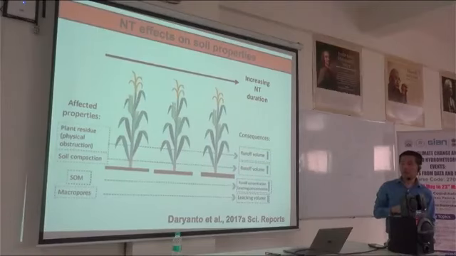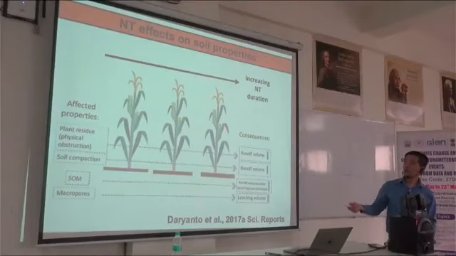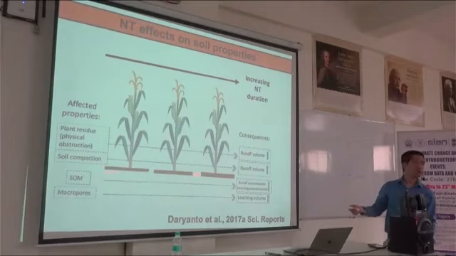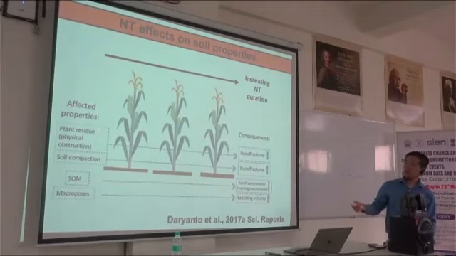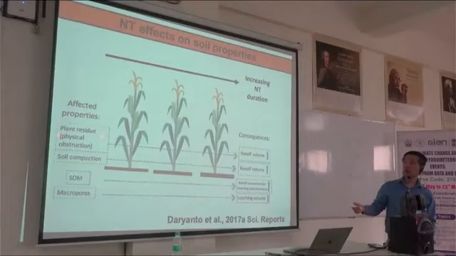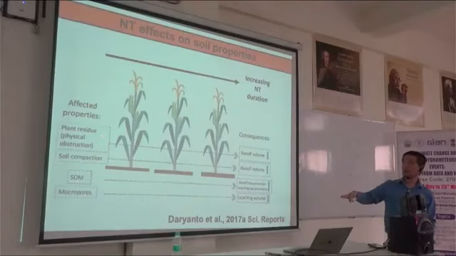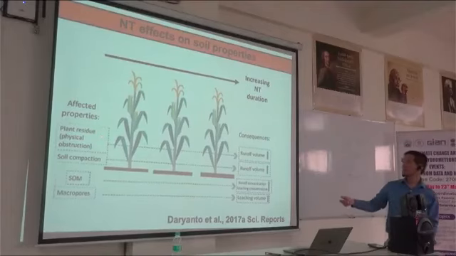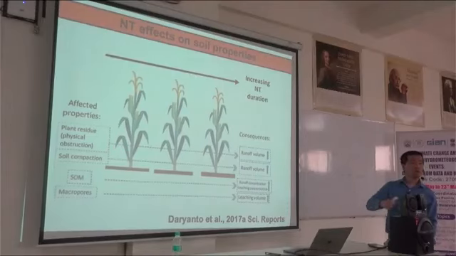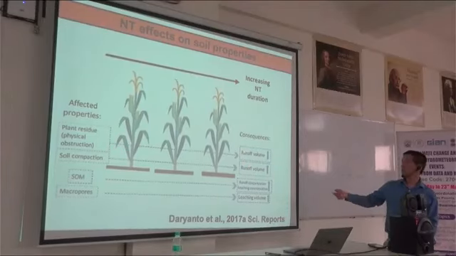Before I talk about the results using meta-analysis, I will talk about how no-till actually changes soil properties and how that relates to nutrient leaching, right? So first off, if you have no-till, it means you have plant residue on the soil cover. That means you tend to physically block the water flow, so you reduce the surface runoff.